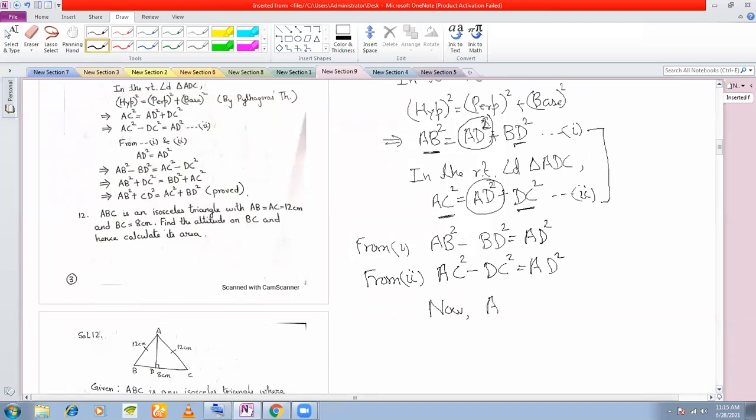Now AD square must be equal to AD square. That means, what is AD square in the first case? AB square minus BD square is equal to, second case, it is AC square minus DC square. Now we have got it.